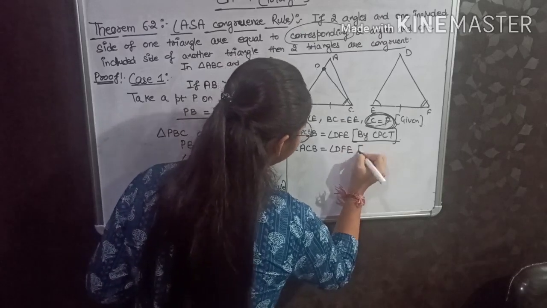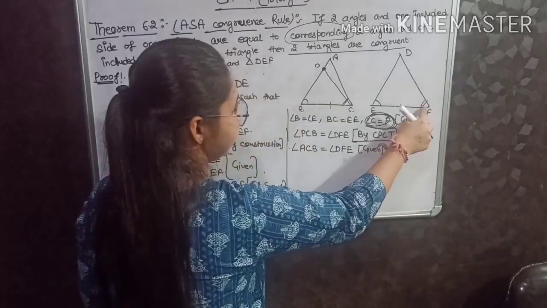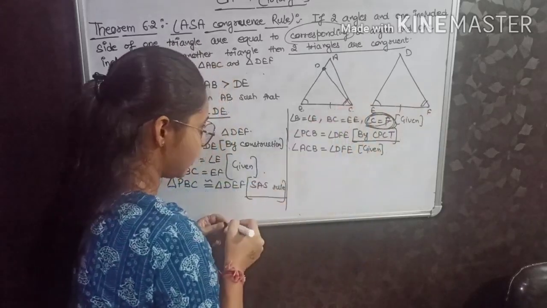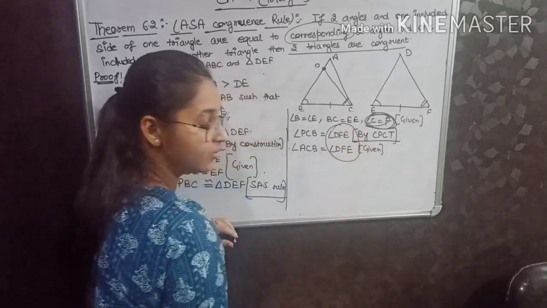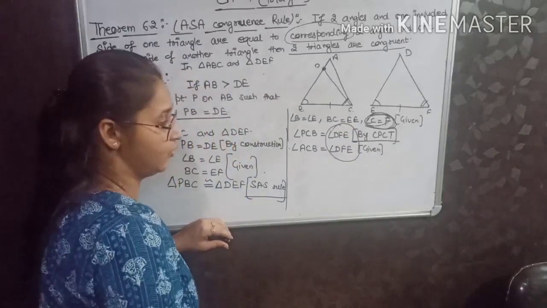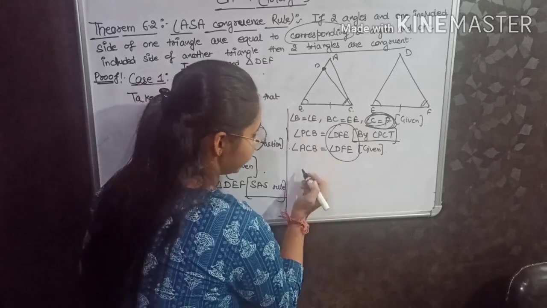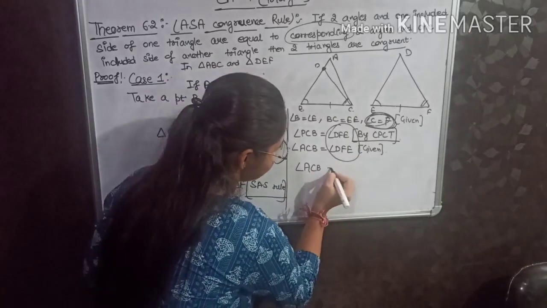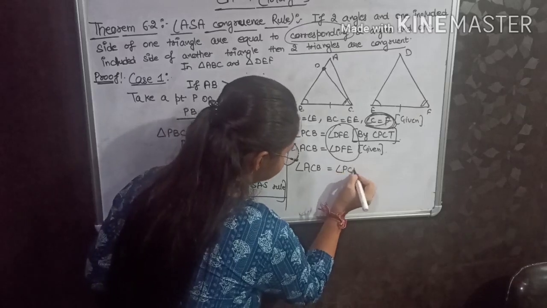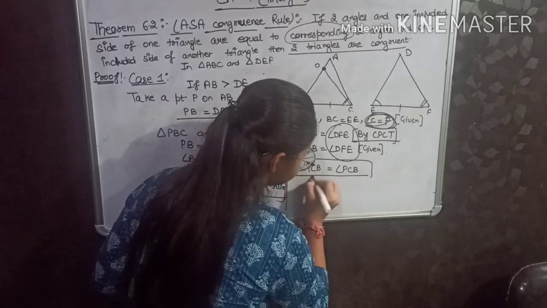This is given. Just I am rewriting. This complete angle is equal to this complete angle. Now see, from these two equations, the right hand sides of both equations are equal. If the right hand sides are equal, then you can say angle ACB is equal to angle PCB. You are at this step.